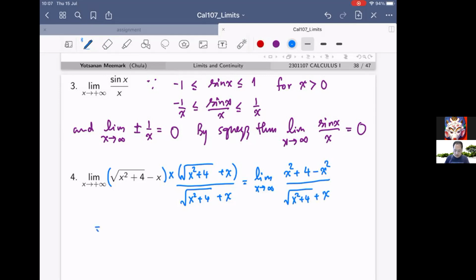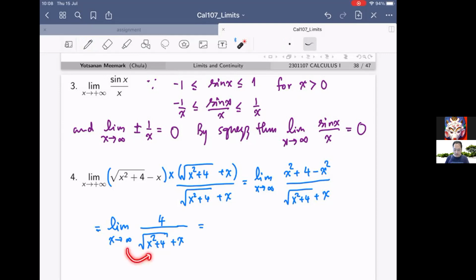Okay. So on top you got the limit as x goes to infinity of 4 over a square root. And you don't really need to do a factorization or anything, because this one on top is already fixed, right? A fixed number over a what?